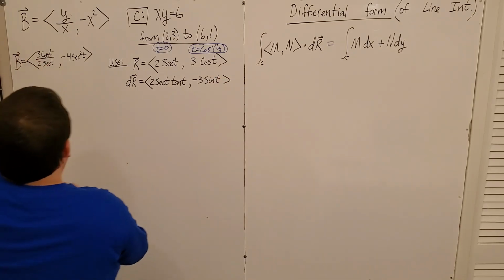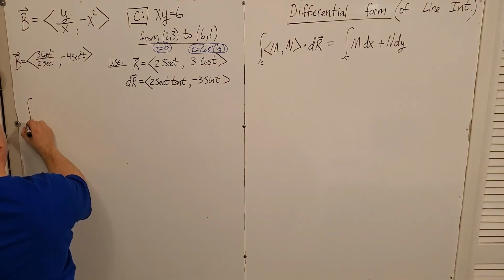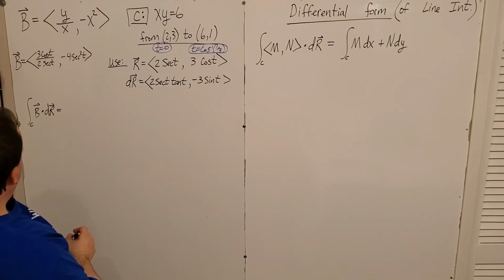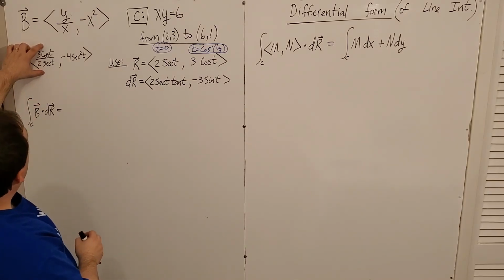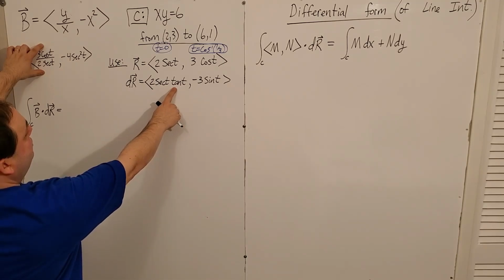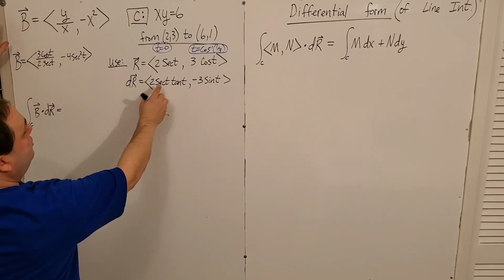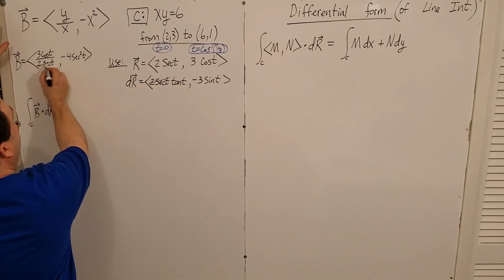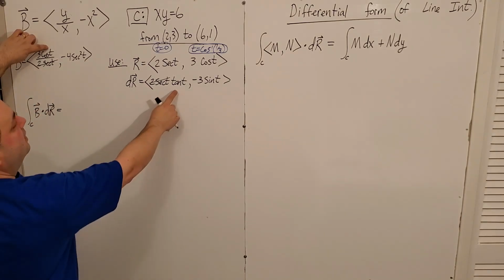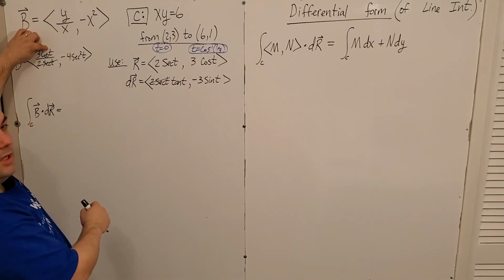Okay? So I'm doing the integral along the path of b dot dr. So I've got 3 cosine t over 2 secant t times 2 secant t tangent t. Well, notice the 2 secants are going to immediately wipe out when you multiply those, and I'm left with 3 cosine times tangent. But what's cosine times tangent?